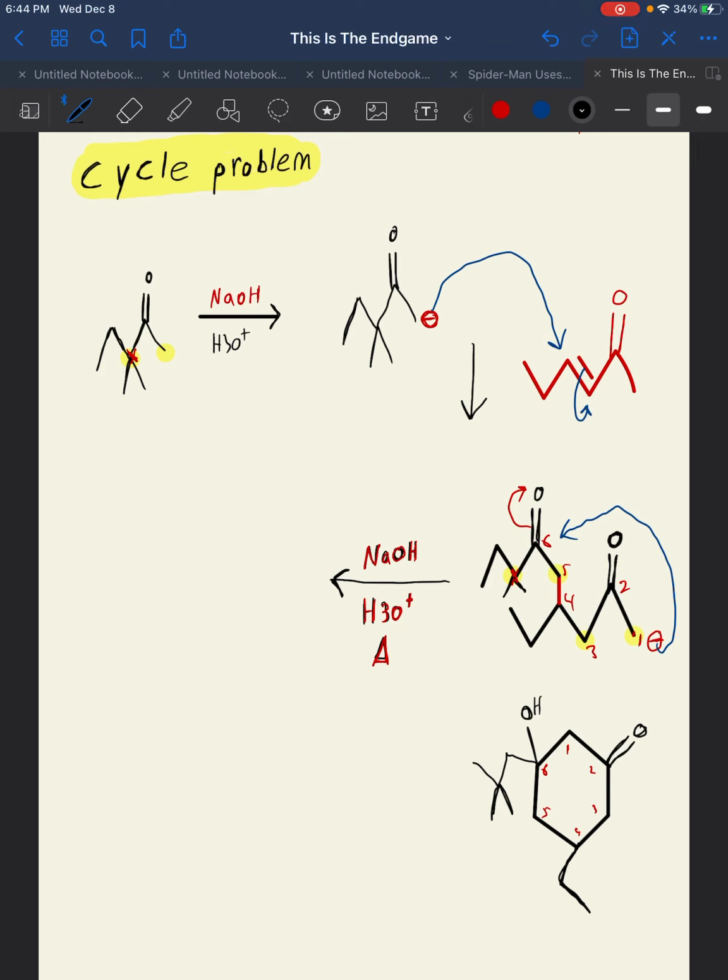And then we can actually do an aldol condensation because we do have heat present. So the hydrogen can come down, the OH can leave, giving us our overall product, which would look like this.